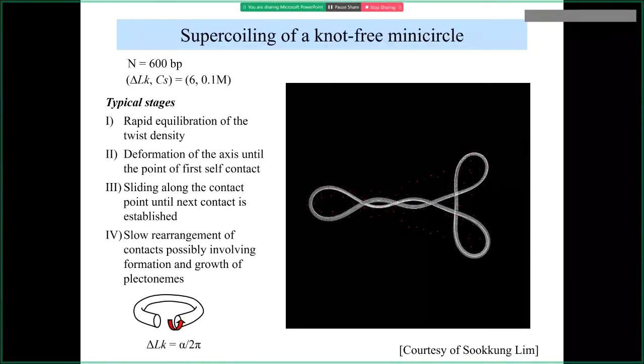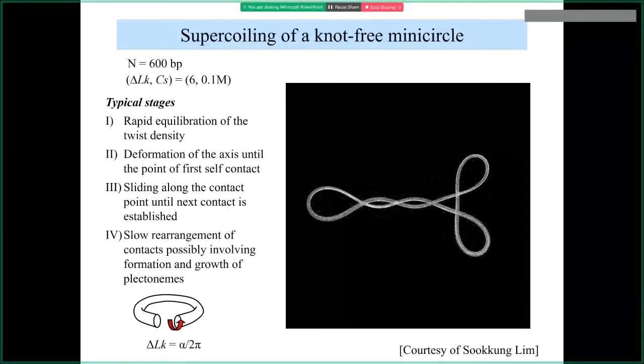And the decay is exponentially slow at the end, convergent. The red dots represent markers, fluid markers that were originally located alongside of the DNA.